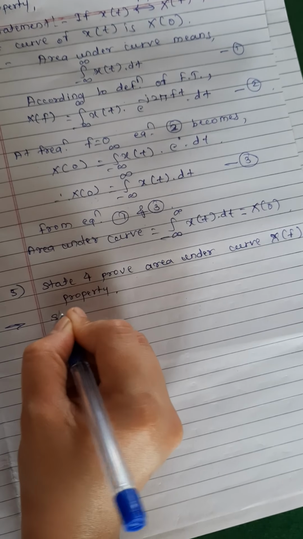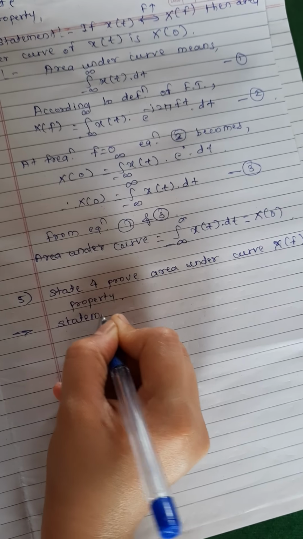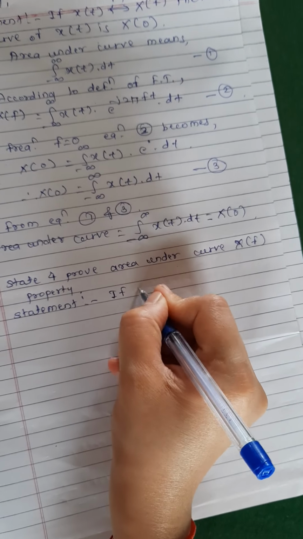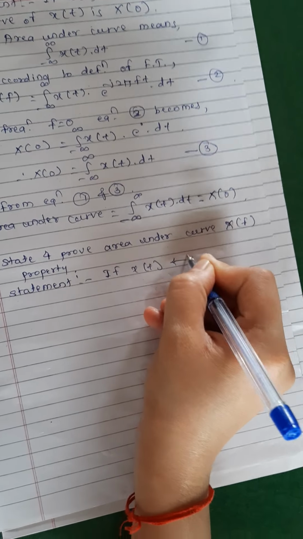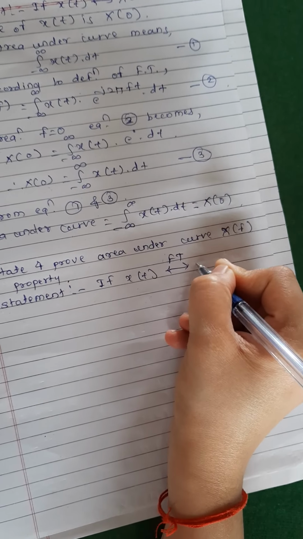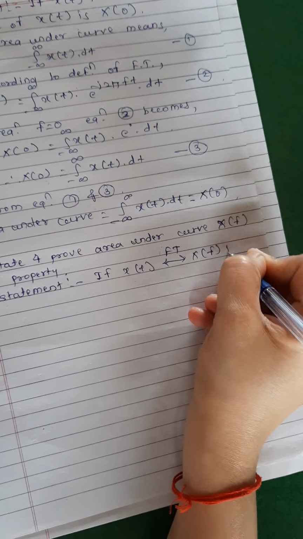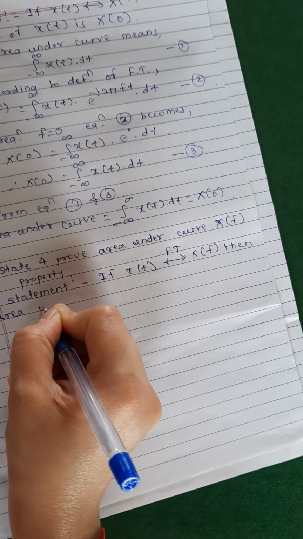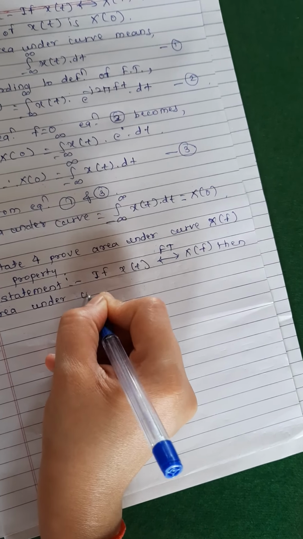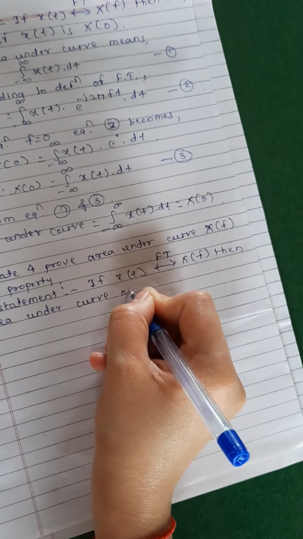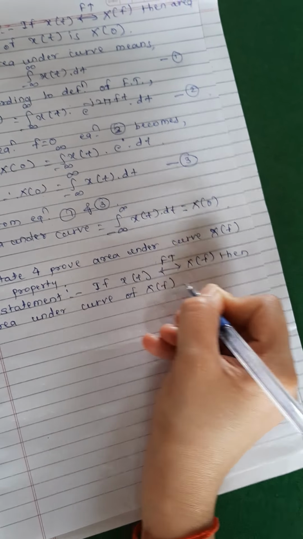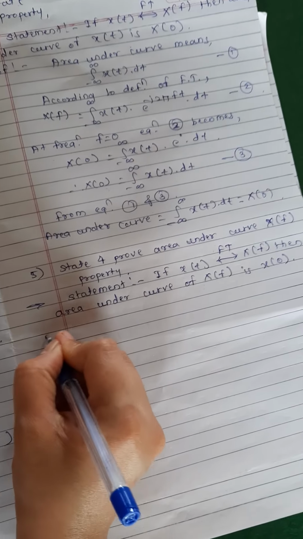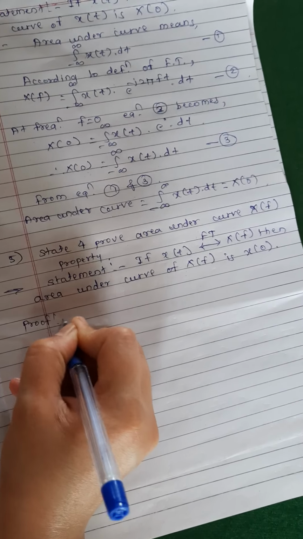First we write down the statement. If x of t has Fourier transform x of f, then the area under curve of x of f is x of 0. So we write down the proof for this.